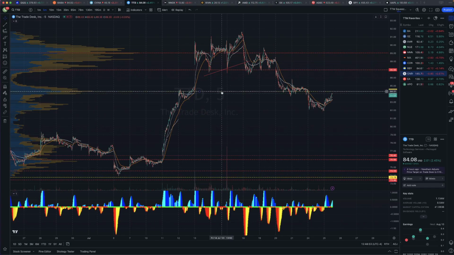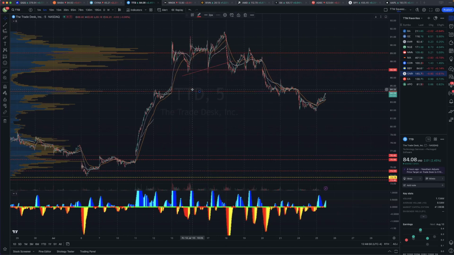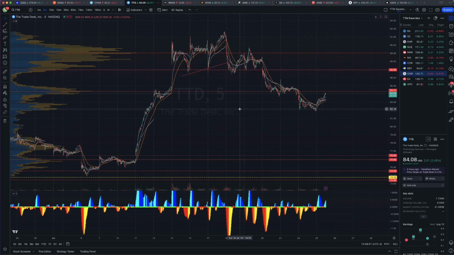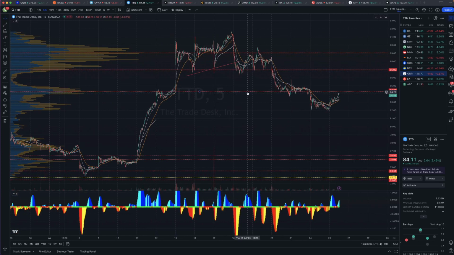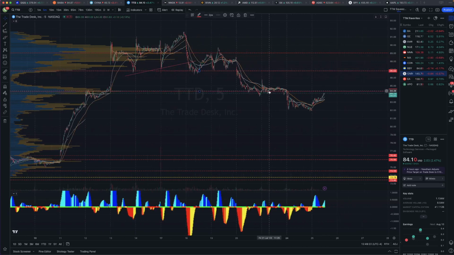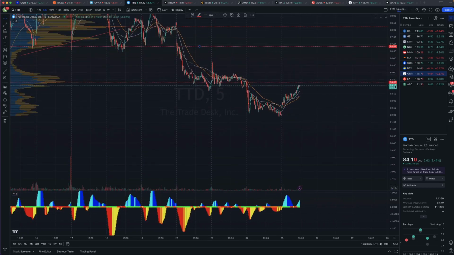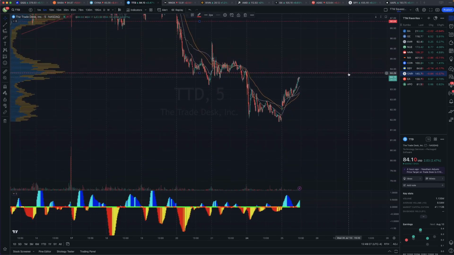Kind of eyeballing it short, but here's where I would say watch it very carefully. If you're long TTD off of these lows, we've broken below and bounced off of some lower levels and created some lower VP here. But as we come back up into the point of control of this section, watch for a potential rejection into this 84.30 level.